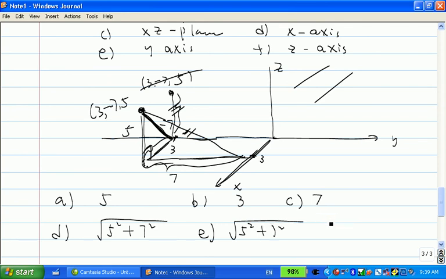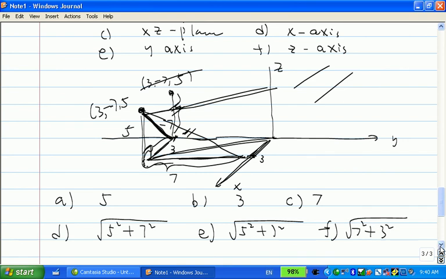Okay. The last one, F. F is this point, the distance to the z-axis, which is the same distance as this one. Therefore, use the Pythagorean theorem again. This length is 7 and this one is 3. So the square root of 7 squared plus 3 squared. Then we're finished.